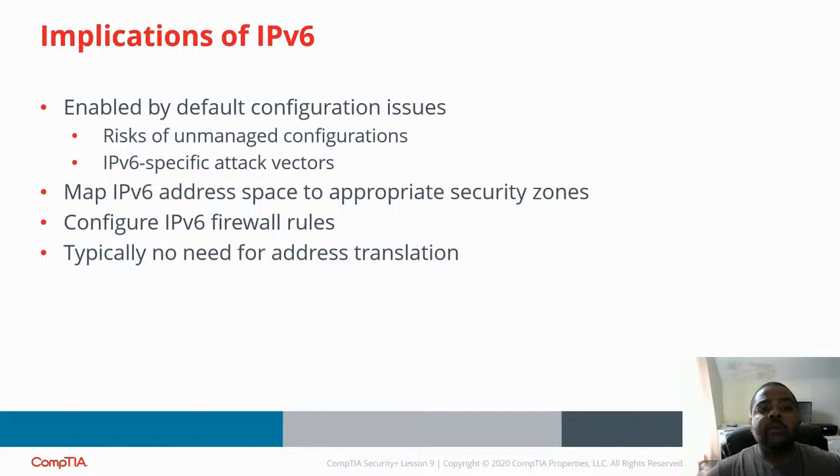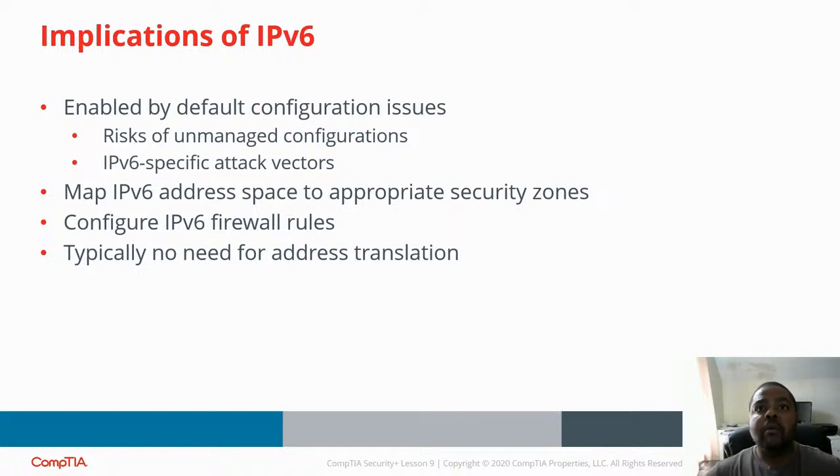So the main thing that we want to make sure is that IPv6 has a more secure version to it than IPv4. But the thing is that everybody is not equipped or ready to make that switch from IPv4 to 6.